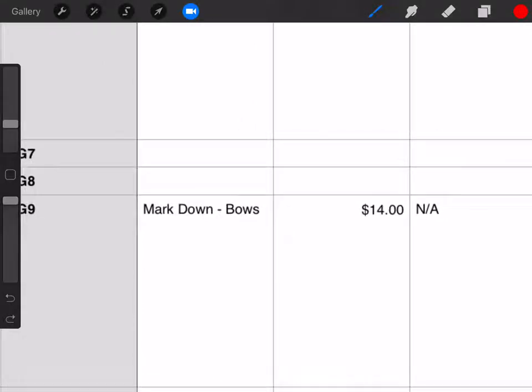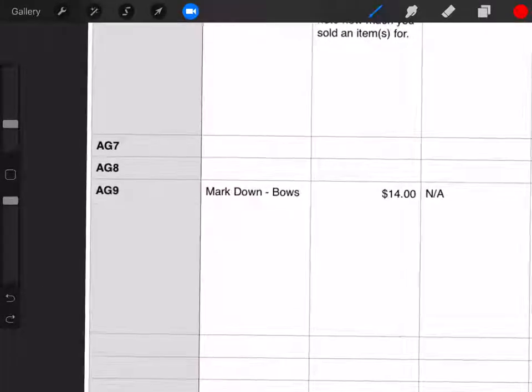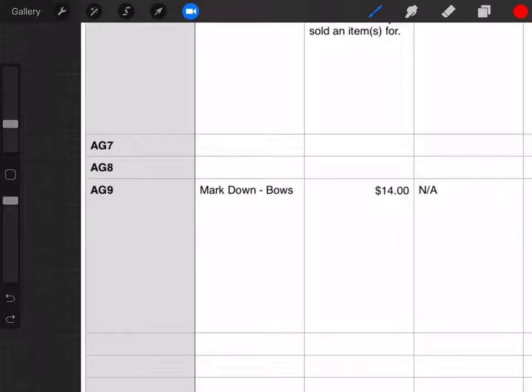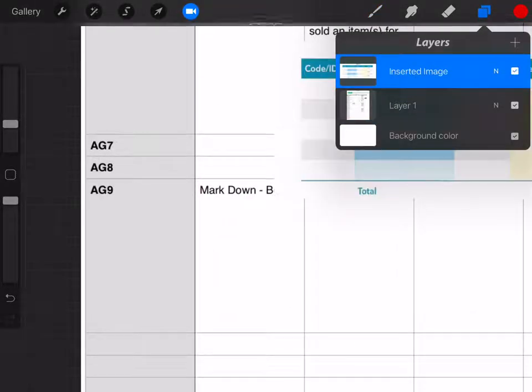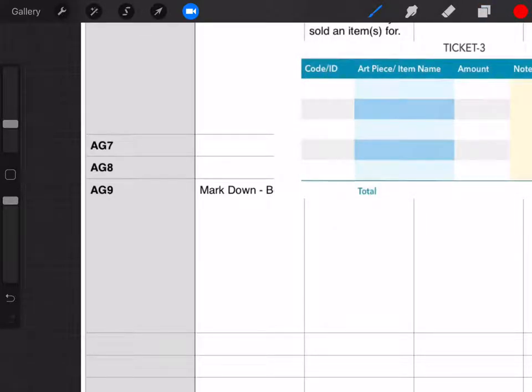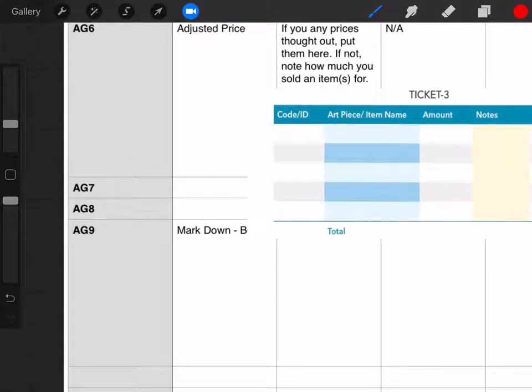I'm going to be doing a deal where, instead of paying $16 for 2 bows, you're paying $14. The reason I give them their own category is because when I write up that slip, I'm going to put AG9. My handwriting's awful. I'm just going to put MD for markdown, and then I'm going to put $14.